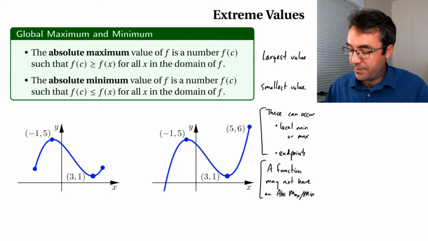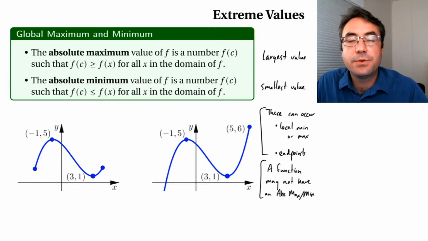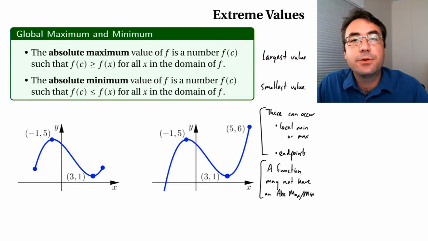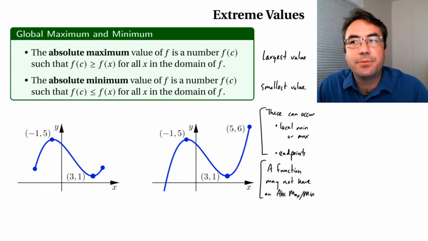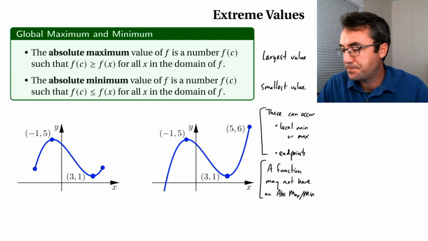So just a few observations there. So an absolute max or an absolute min could occur at a local max or local min, or might happen at one of our endpoints. And a function's not guaranteed to have an absolute max or an absolute min, though. So let's just look at a few examples.